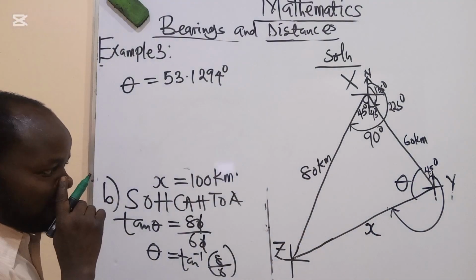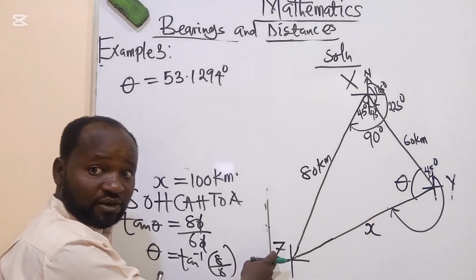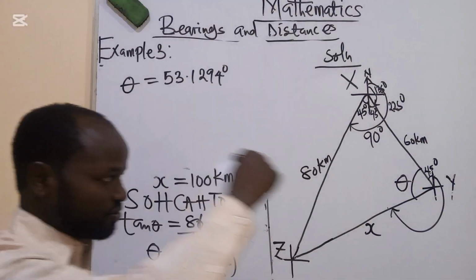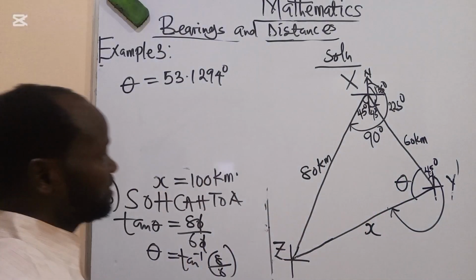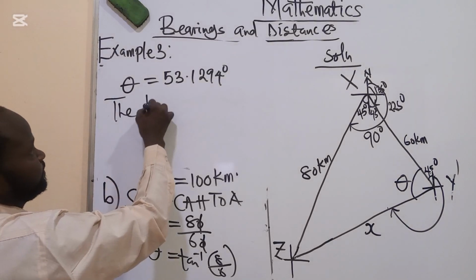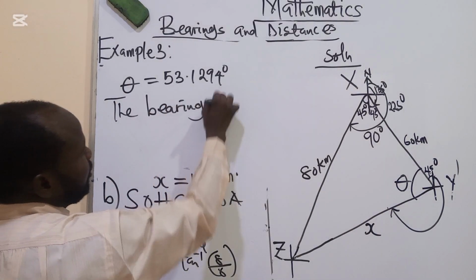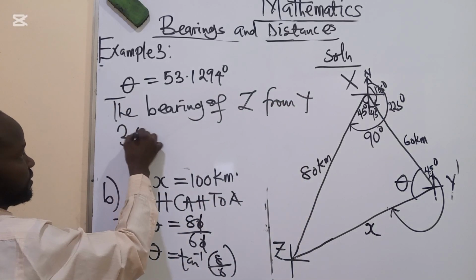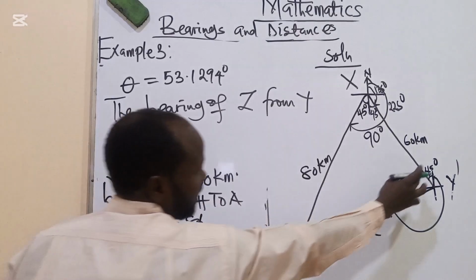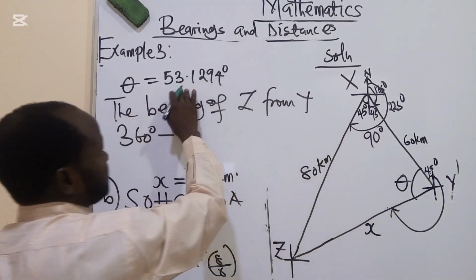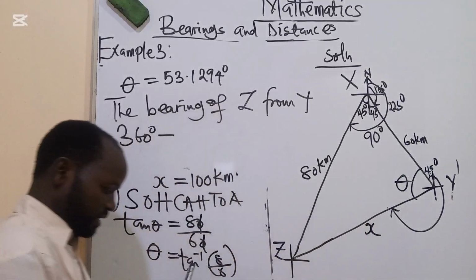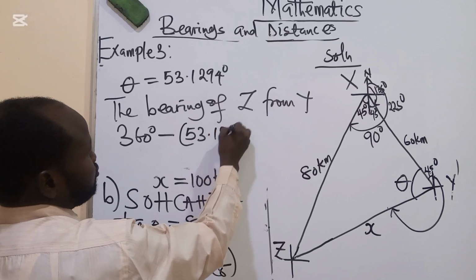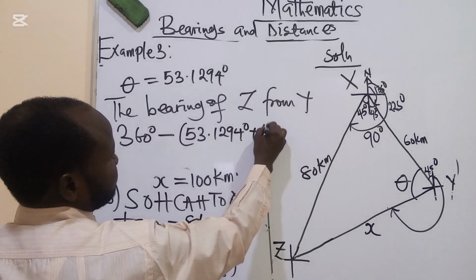As I said, to find the bearing of Z now from Y is nothing but 45 plus theta, removed from 360 because angle around this point is 360 degrees. So we can say that the bearing of Z from Y will be 360 degrees minus, we add this theta, which is 53.1294 degrees, plus 45 degrees.